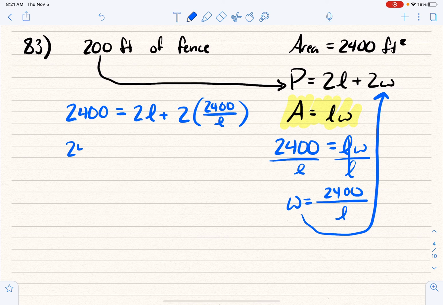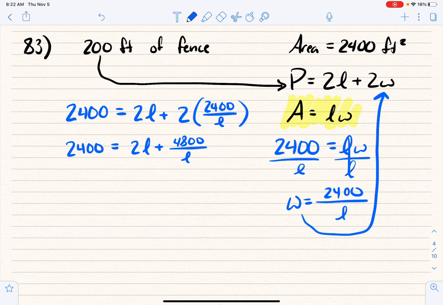And so I get 200 is equal to 2 lengths plus 2 times 2,400, which is going to be 4,800 over the length. Now this becomes pretty ugly at this point because we've got this L in the denominator, and also I don't see this being a quadratic.